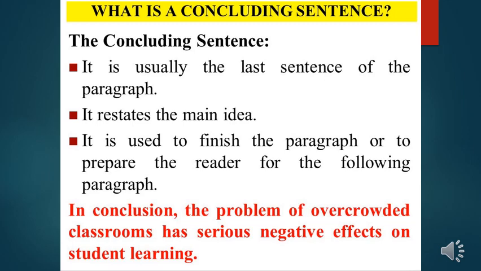And we can use some expressions related to conclusion, such as in conclusion, to sum up, finally, etc. In conclusion, the problem of overcrowded classrooms has serious negative effects on student learning.